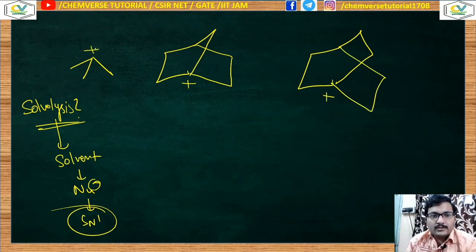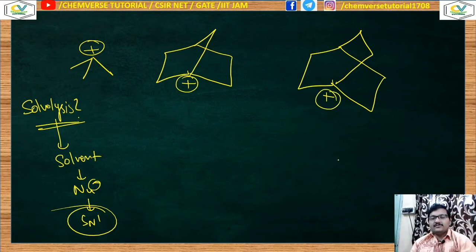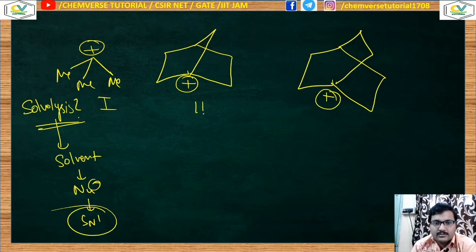Okay, so after the detachment of the leaving group, these are the structures of the carbocation. This is highly stable because all of them are methyl groups exerting the plus H as well as plus I effect. So this is a very stable carbocation. If you give the numbers 1, 2 and 3, the stability of the carbocation is highest for 1.